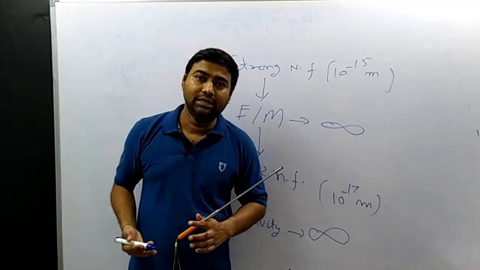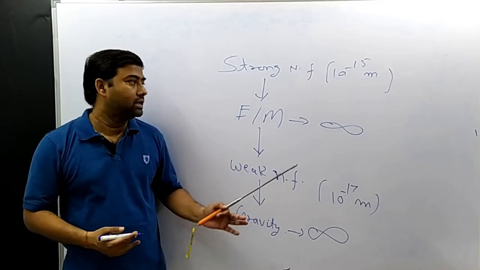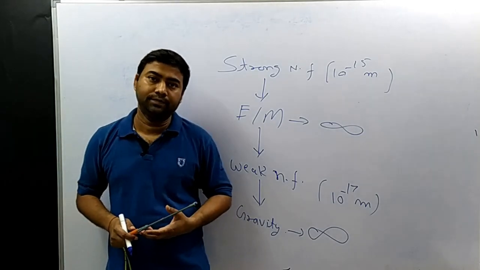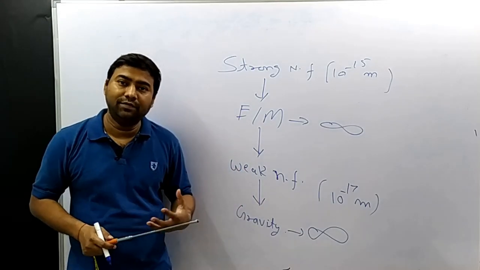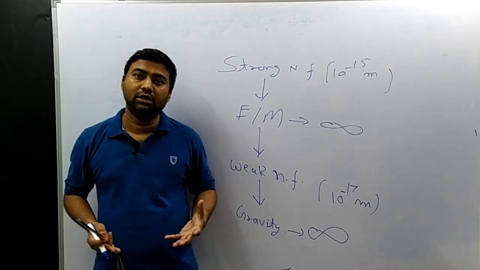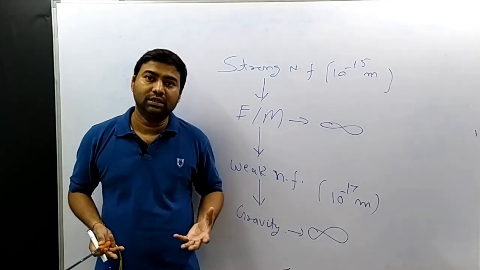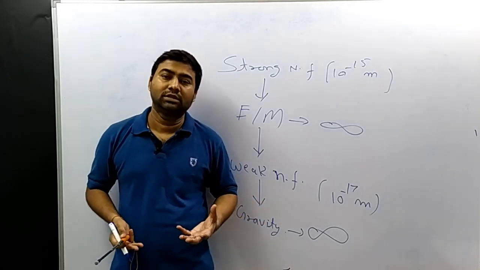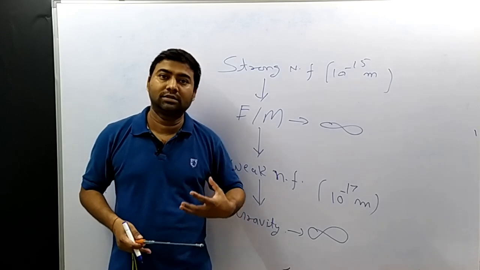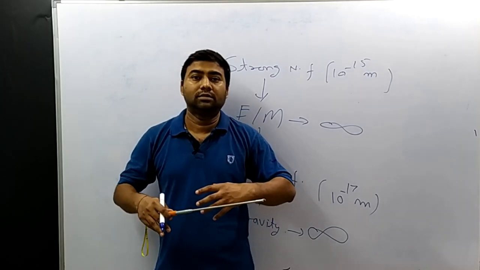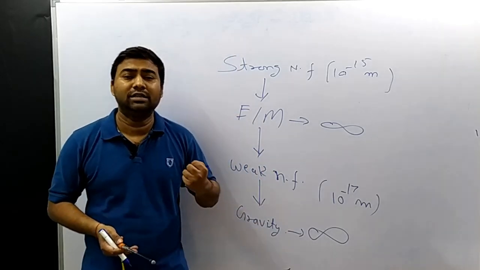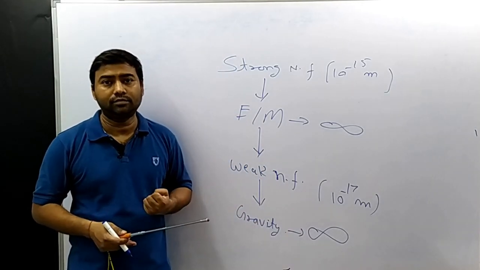Gravity is the weakest force among all known forces of nature, but it plays the most important role in shaping the universe, the solar systems, the galaxies, the planets and stars, because these objects contain huge mass.